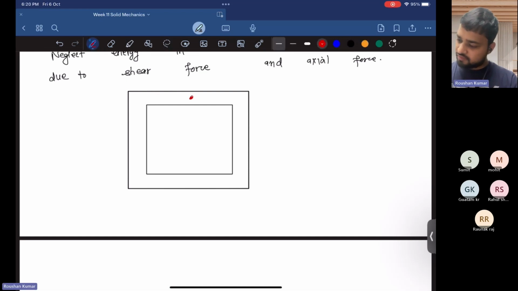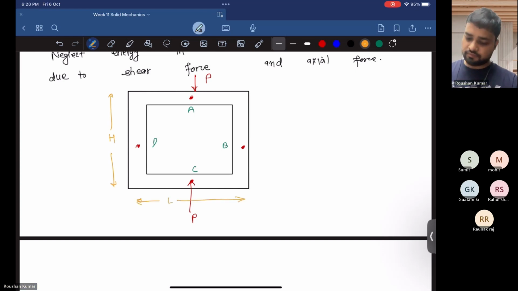We have 4 points, D, A, B, C, and a load P is applied here, and from the upside also P here. This is of height H, and this is of length L. The radius of the beam is 2r. So based on this statement, we have a question here.